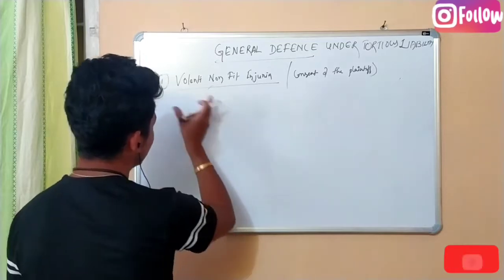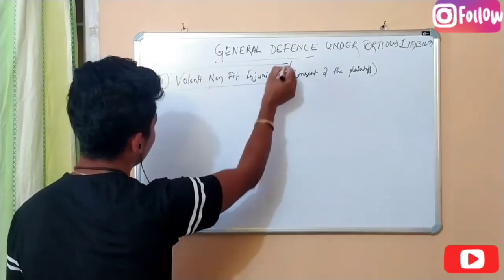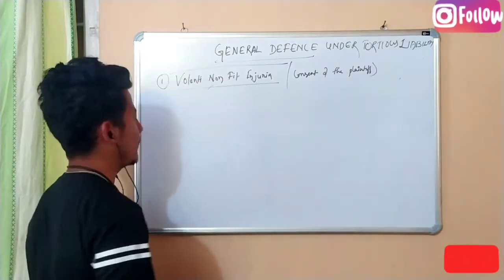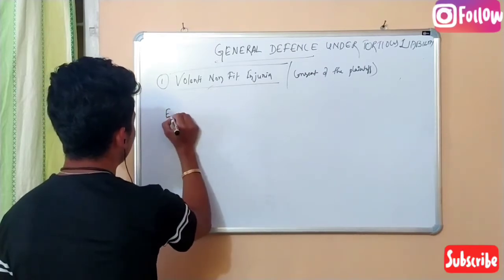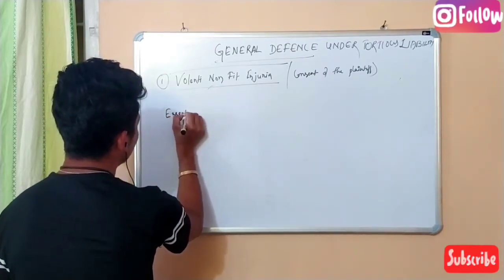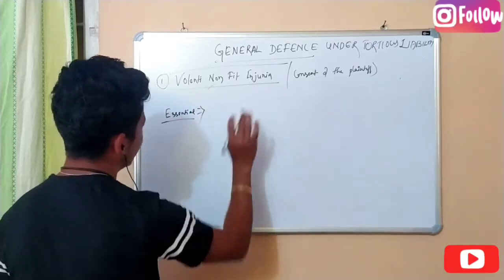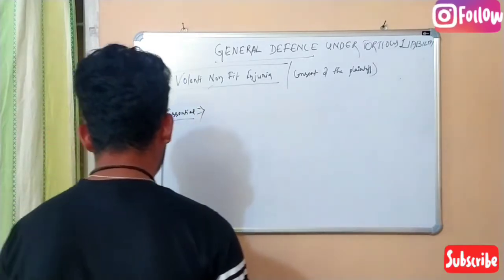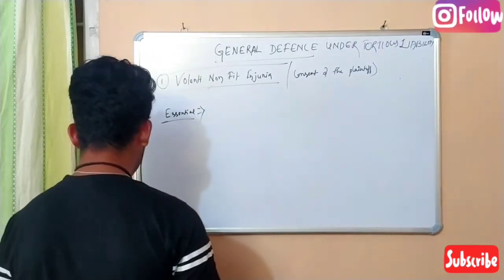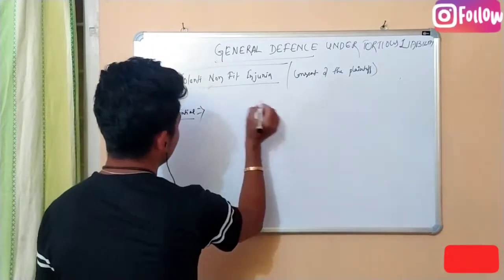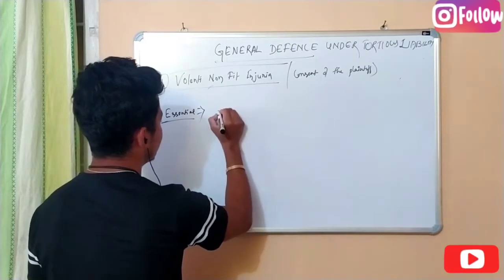What are the main essentials to use this defense of volenti non fit injuria? The main essential requirement for using volenti non fit injuria is the consent of the plaintiff.